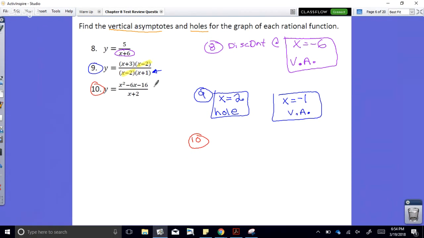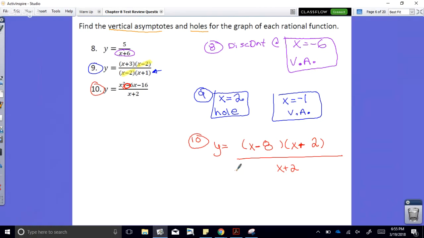For 10, same thing, but this time we have to factor. So I'm going to start by factoring the numerator. Factors of 16 that subtract to give me 6. Well, that's 8 times 2. 8 times 2 gives me 16. 8 minus 2 gives me 6. But since it's a -6 here, the bigger of these two numbers has to be negative.